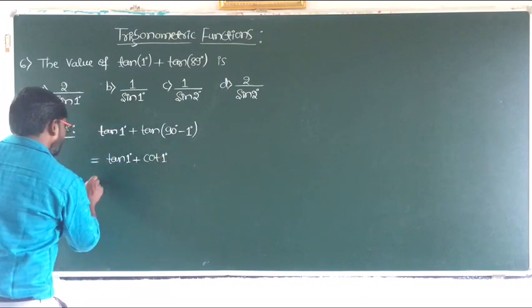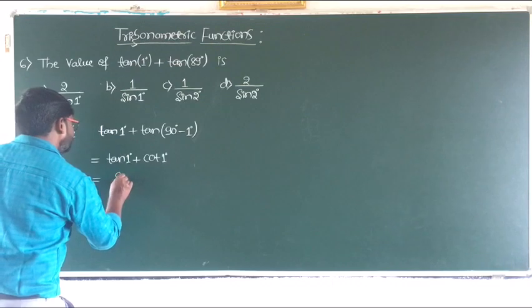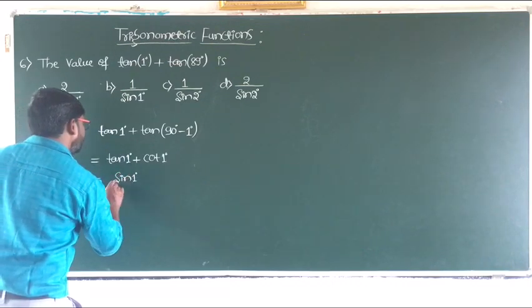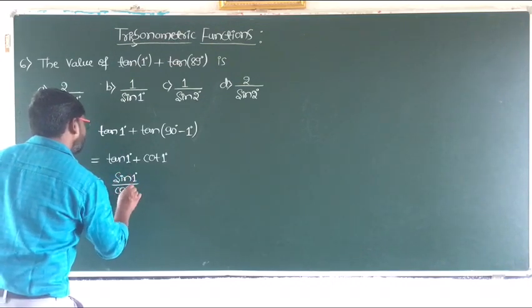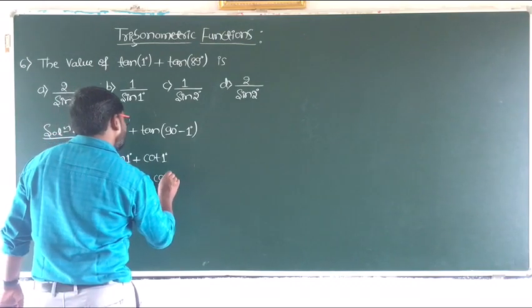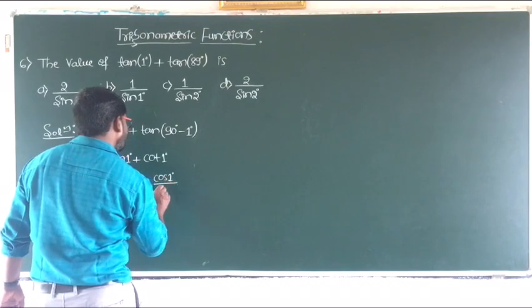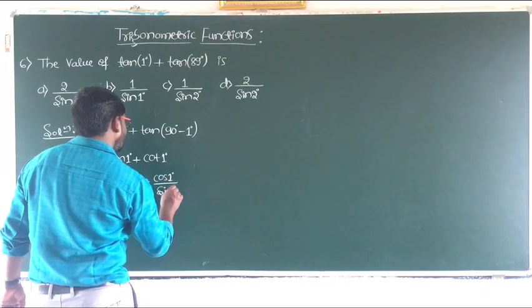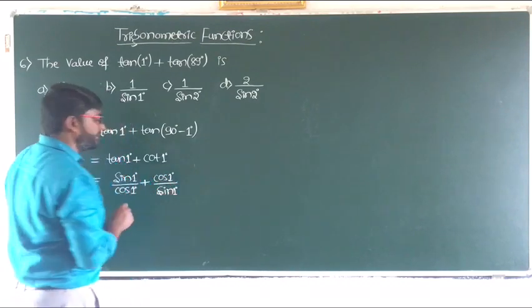So now sin 1 degree divided by cos 1 degree plus cot 1 degree can be written as cos 1 degree, then divided by sin 1 degree. So now take up the LCM.